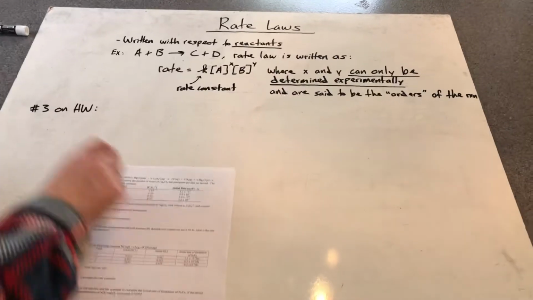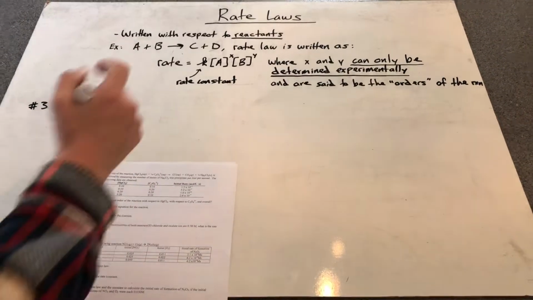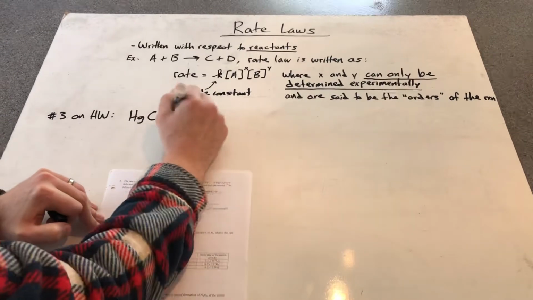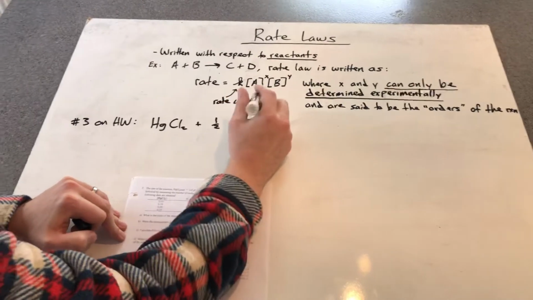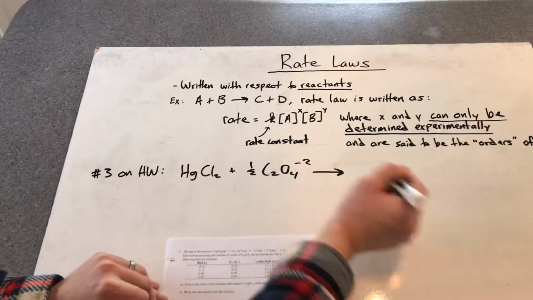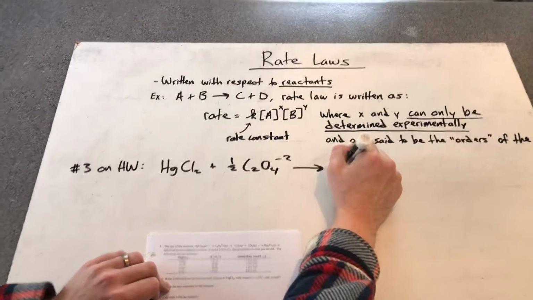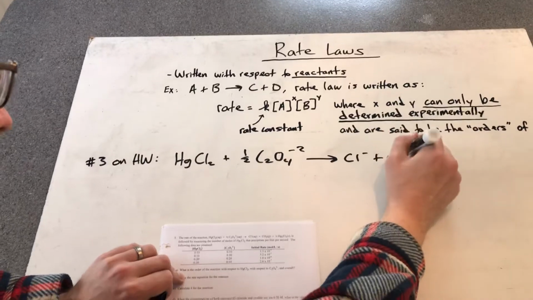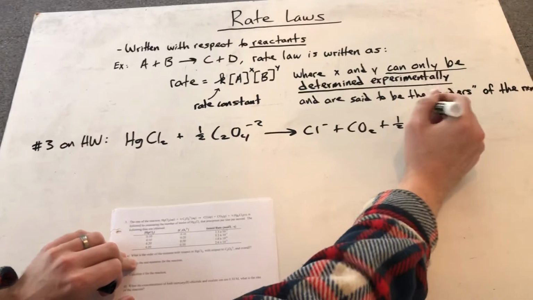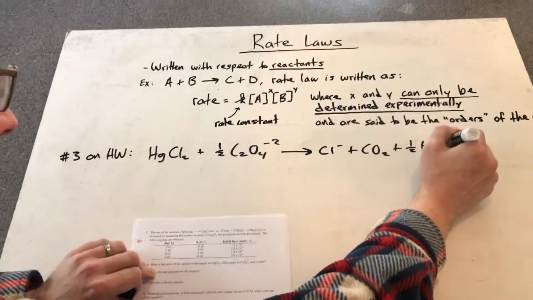So for number 3 on the homework, we have this reaction. You have HgCl2 plus 1/2 of the oxalate ion, C2O4 2-, yields Cl- plus CO2 plus 1/2 of Hg2Cl2.